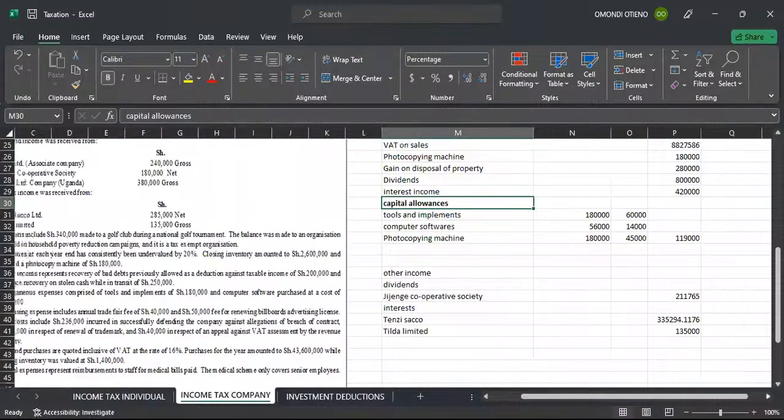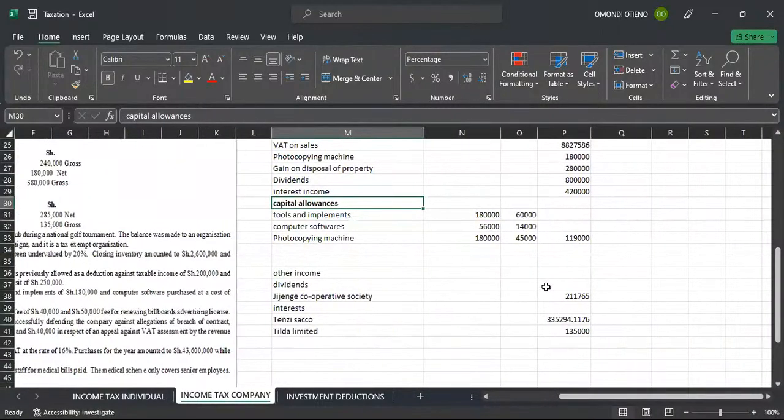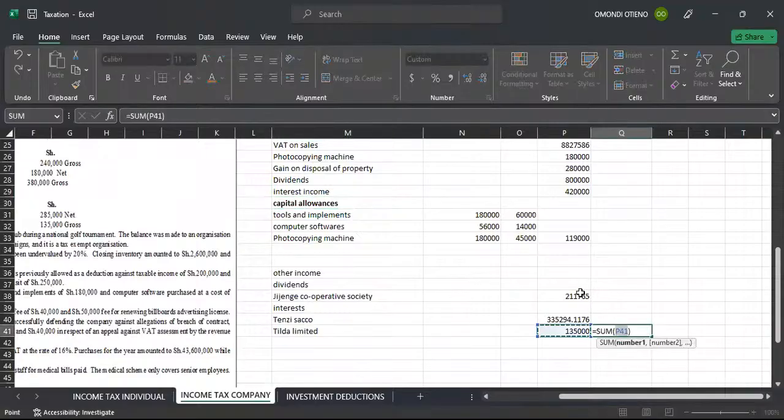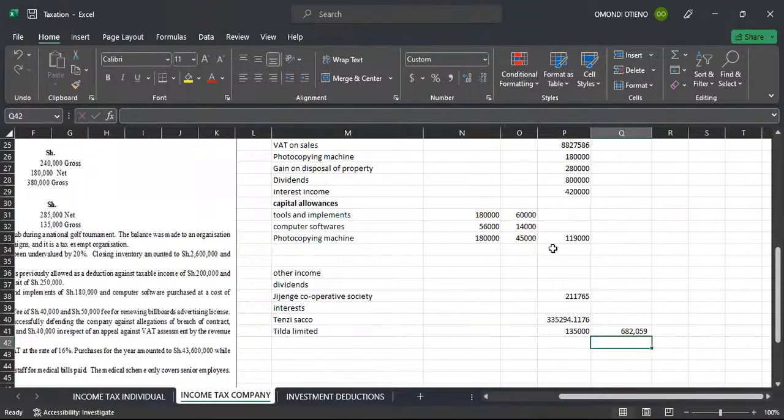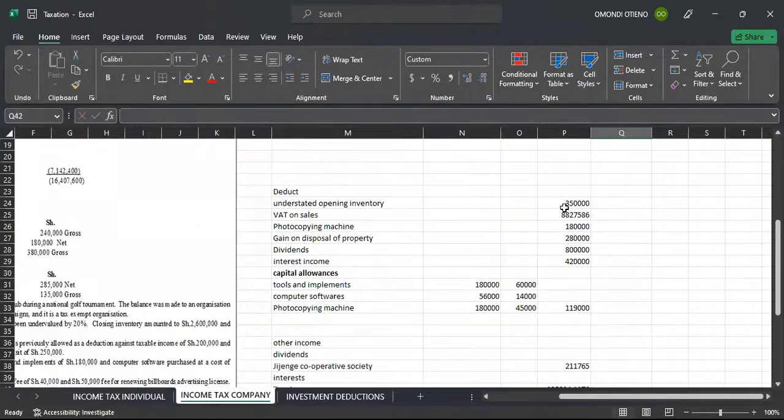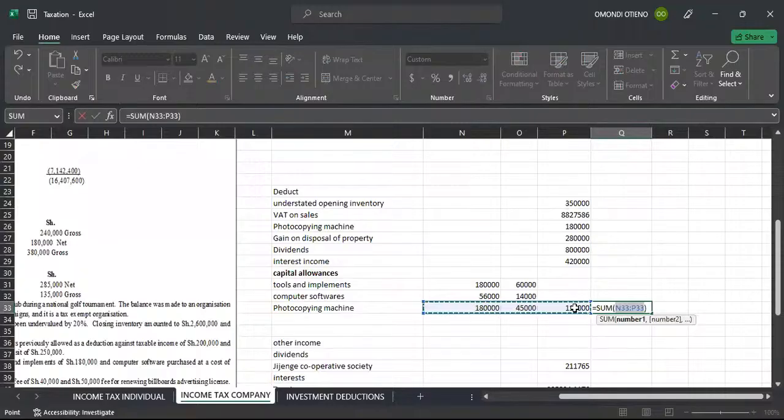So once we have this, we can get the summation of other income in this column here. We add these three. All these items here were being deducted. So we deduct, we get all these figures deducted.